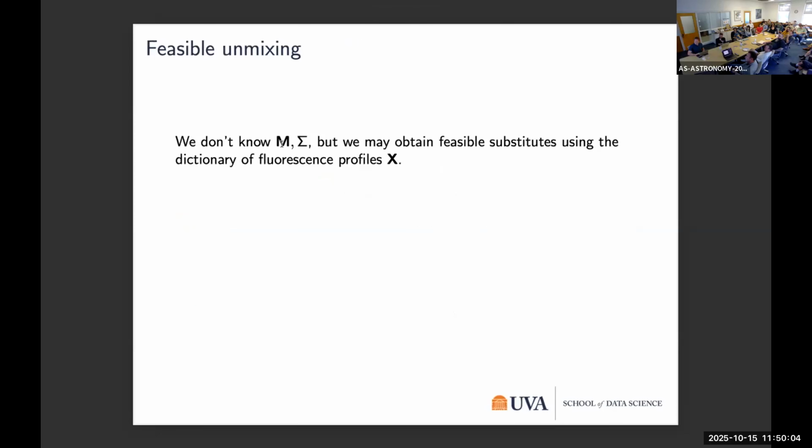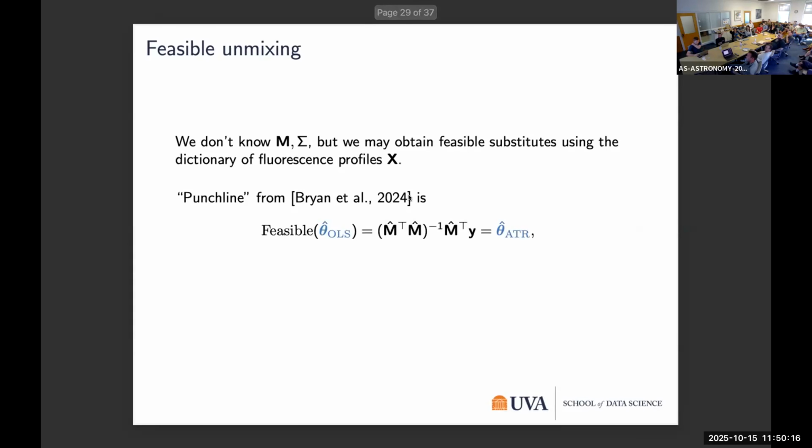All right, so we don't know these things, this M and the sigma, but we can obtain what I would call a feasible substitute for both by estimating those things using our dictionary of fluorescence profiles. And without going into the details, here's the punchline from the article that I wrote with my PhD advisor. A feasible version of this ordinary least squares estimate is the average then regress estimate.